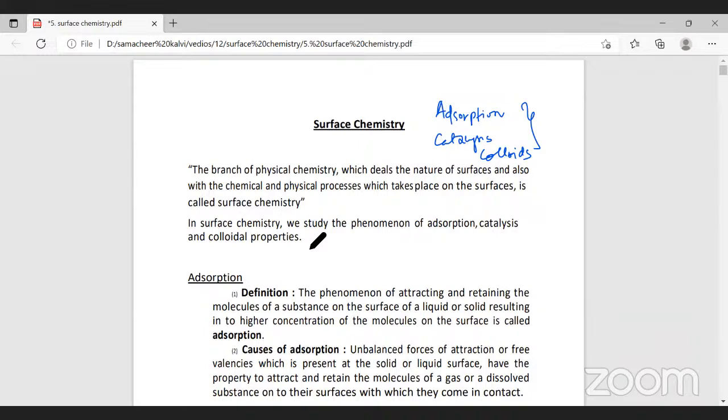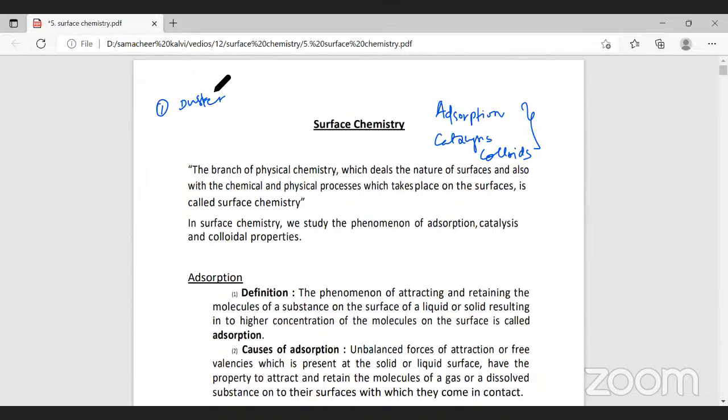Now, I want you to visualize two examples. The first example is a teacher using a duster to erase what is written on the board. When a teacher erases what is on the board, the chalk particles get settled on the surface of the duster.